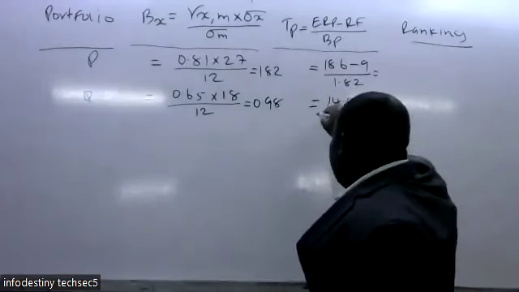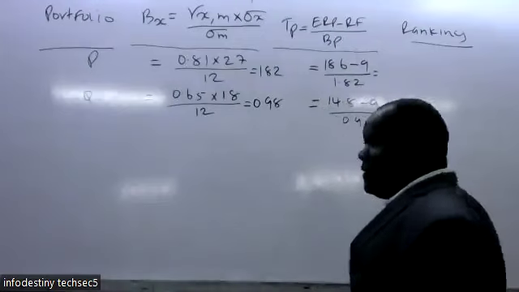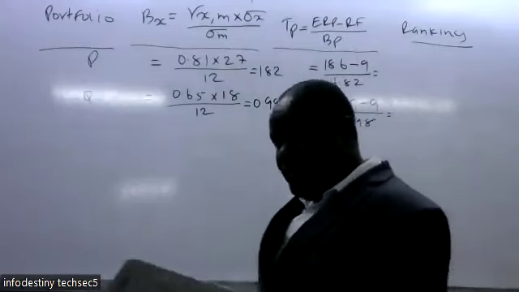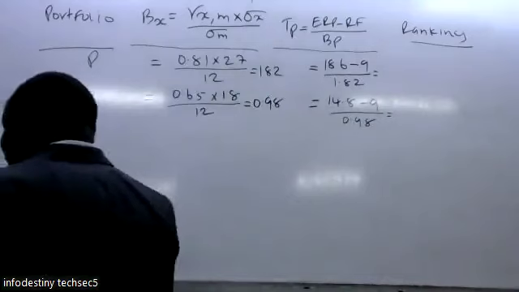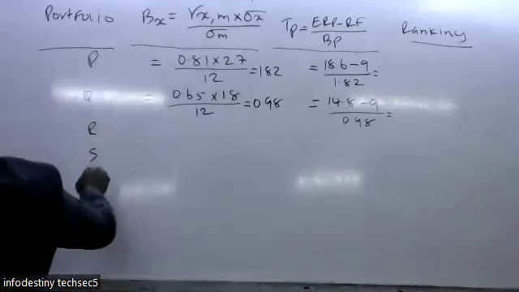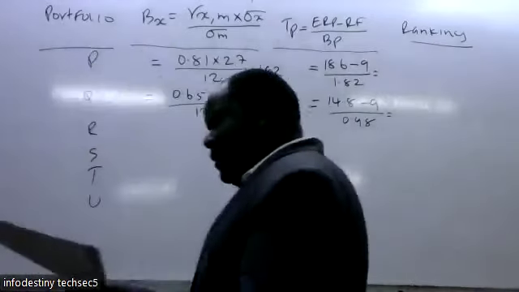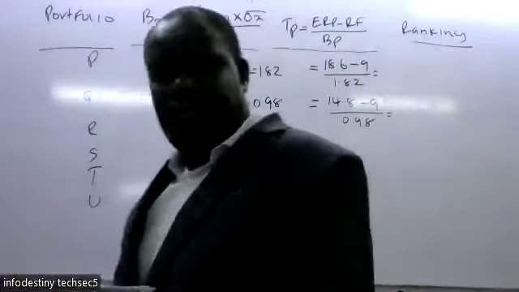Also subtract 9, divide by 0.98. So now you do the same for R, S, T and U.